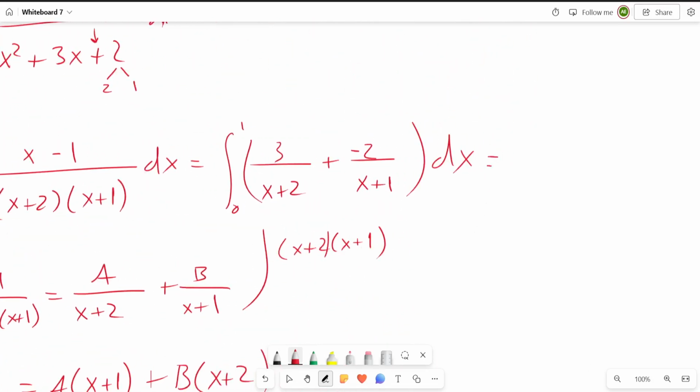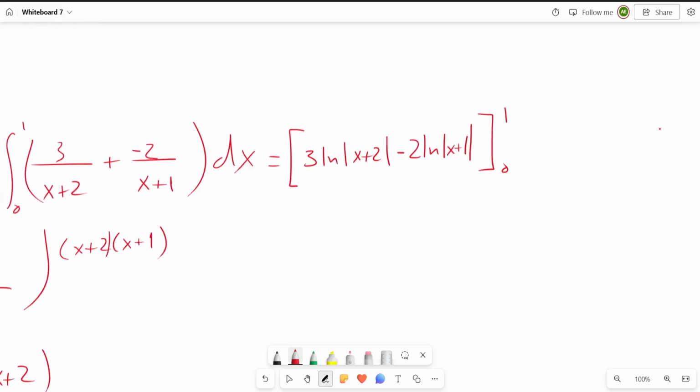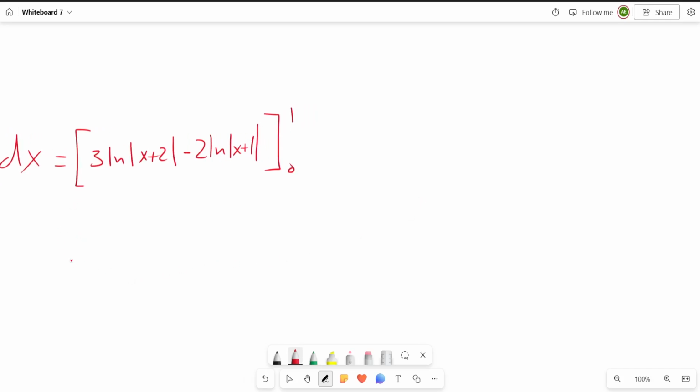So the integration of this is going to equal 3 ln of x plus 2 minus 2 ln of x plus 1, evaluated from 0 to 1. So let's substitute our upper and lower bounds. The upper bound first is going to be 3 ln of 1 plus 2, which is 3, minus 2 ln of 1 plus 1, which is 2.